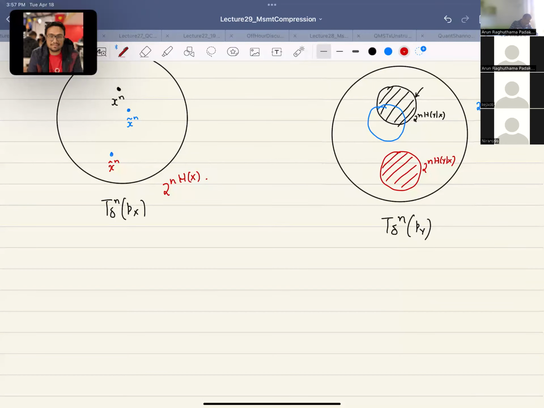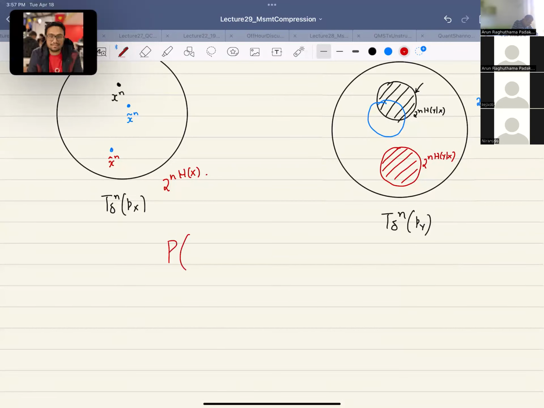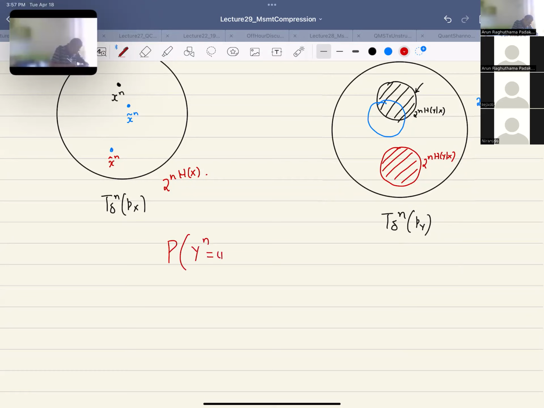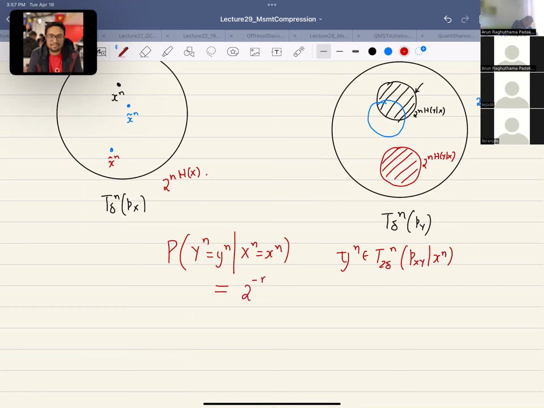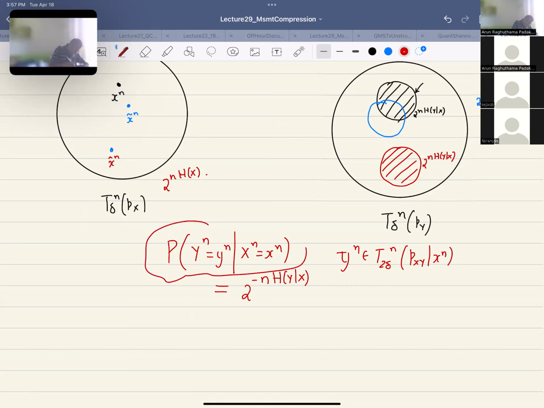Because this is a conditional typical set, what do you know about this distribution? It is almost uniform. What do you know about the probability that Y^n equals y^n given X^n equals x^n, supposing y^n belongs to the conditional typical set given x^n? It's a uniform quantity, 2 to the power minus something, inside that conditional typical set. So this is nature. What I'm doing is actually P_{Y|X} of y^n given x^n. That's really what I'm calculating.